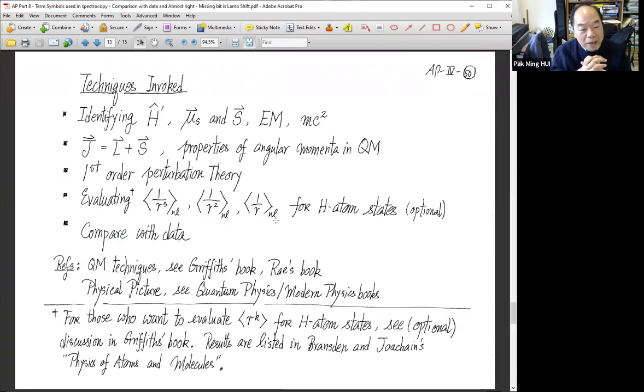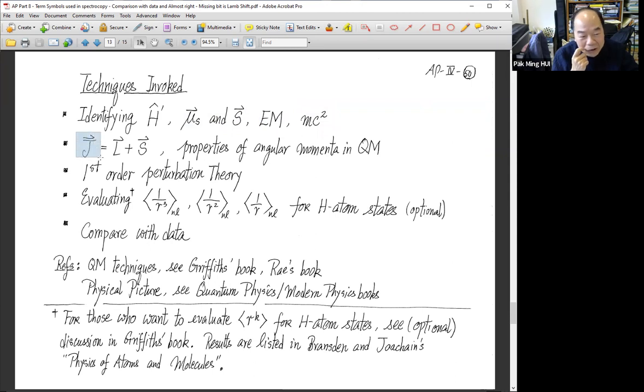So let's summarize the technique we have been using. Very simple thing. We try to identify what is the perturbation term. We use the g factor of 2, we need some electromagnetic theory. We have some mc squared discussion and ratio.